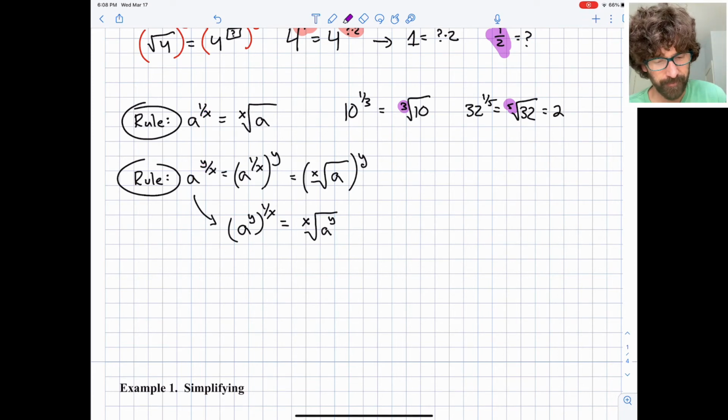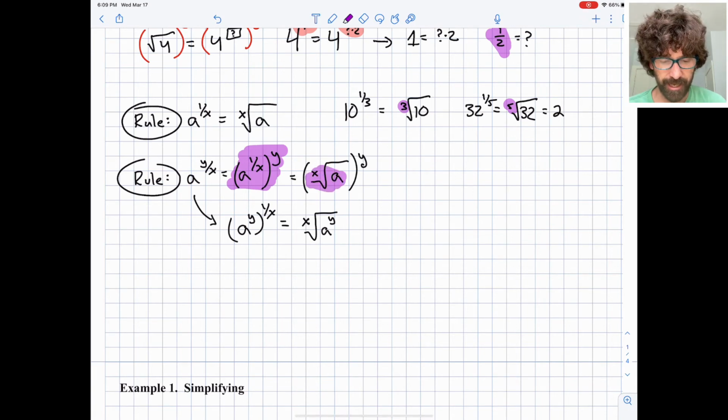Okay, so we can apply one of our rules of exponents yet again and say that a to the y over x, let's just split that into 1 over x times y. Right, when we have a power to another power, that means we multiply those exponents. So y over x is the same as 1 over x times y. And then we can see that a to the 1 over x is just the xth root of a, all raised to the y power.